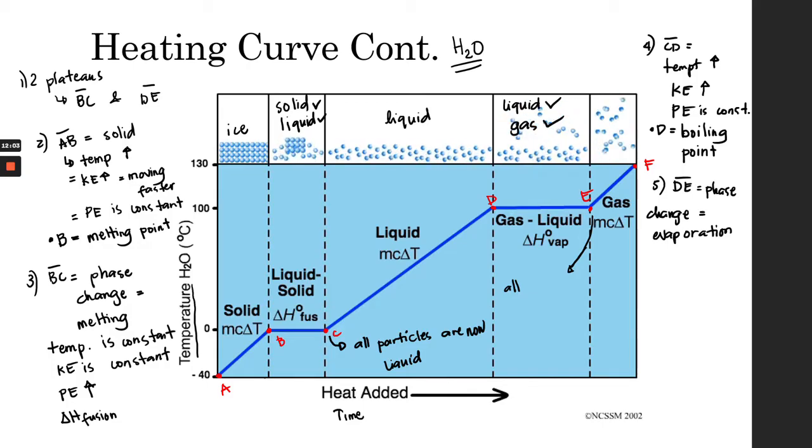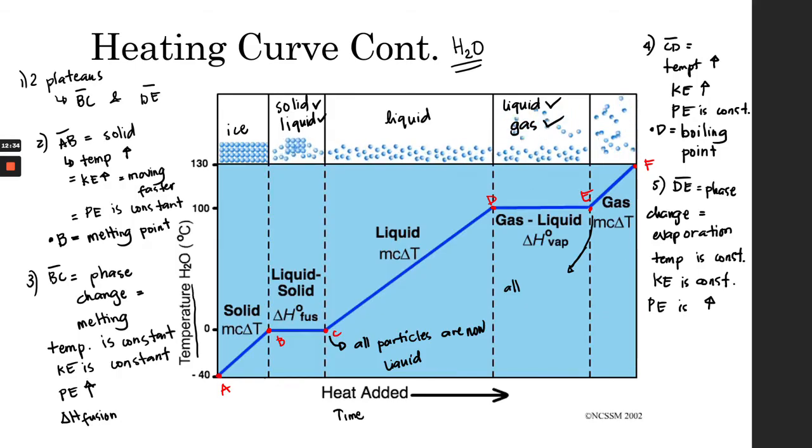Similarly to BC, what is happening on DE is that the temperature is constant. So the kinetic energy of the particles is constant, but the potential energy is increasing. Whenever the potential energy increases, a phase change happens in the heating curve.